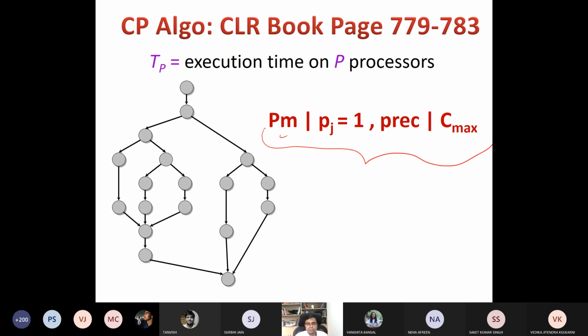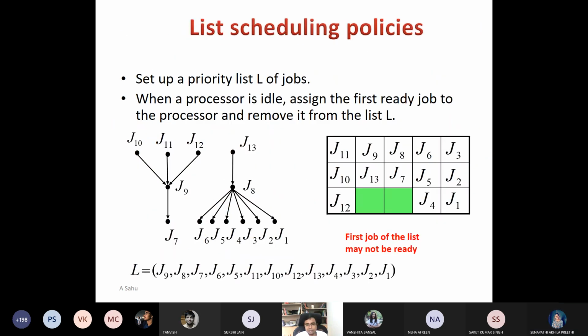What if the list is an arbitrary list? What if that list doesn't lead to any valid execution order, due to precedence constraints? We need to maintain the precedence constraints. So the first job of the list may not be ready. Ready means all its predecessors have executed; only then it will be ready.